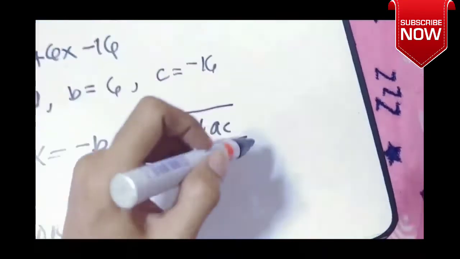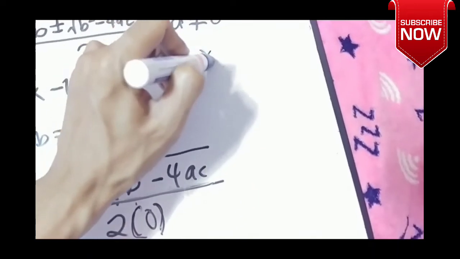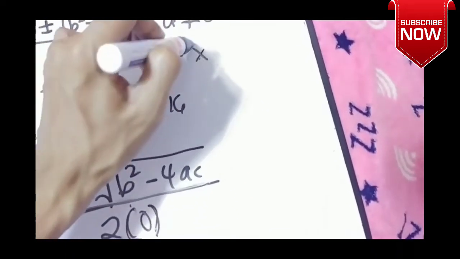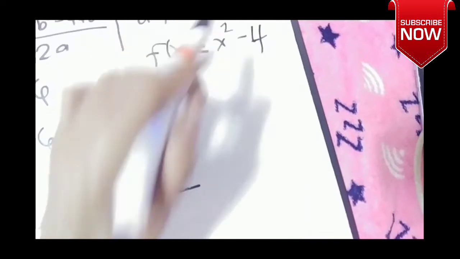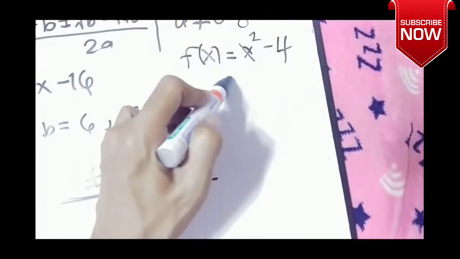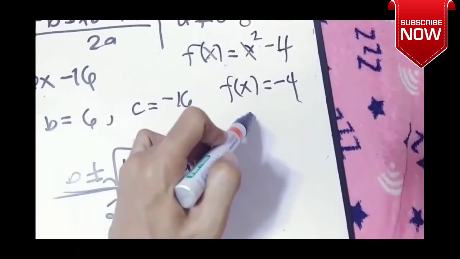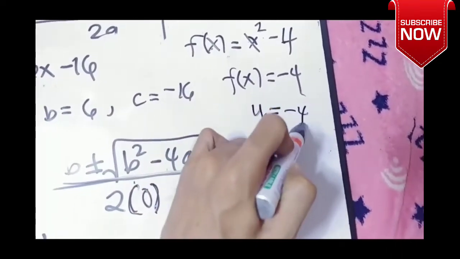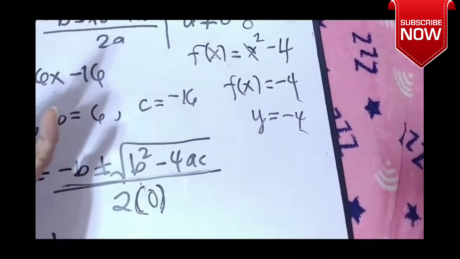Kahit ang gamitin pa natin dito ay yung extracting the square, yung f of x equals x squared minus 4. Kung gagawin natin 0 to, ay magiging f of x equals negative 4. Ang magiging equation na nito is y equals negative 4. Nawala yung quadratic term. So, wala na siyang silbi.